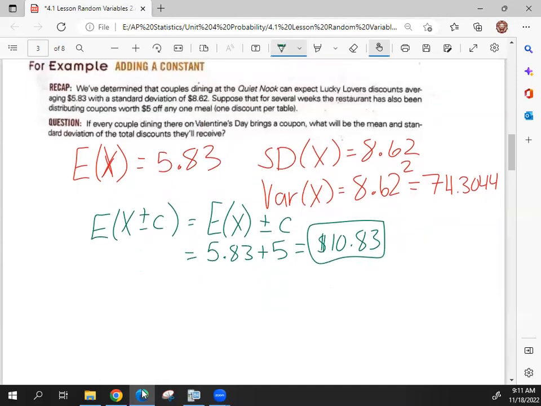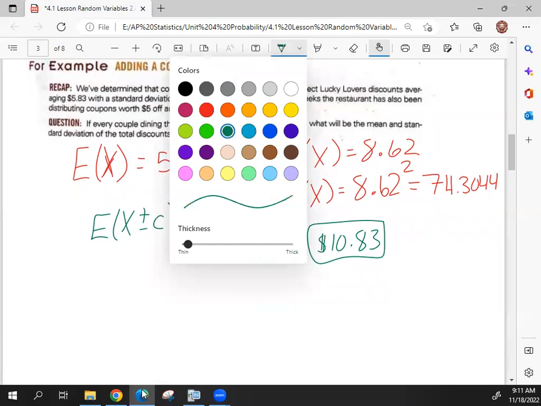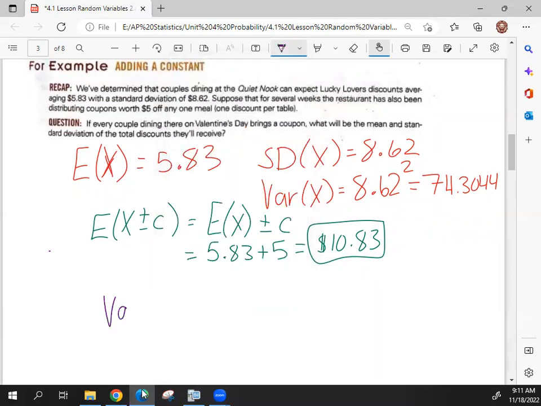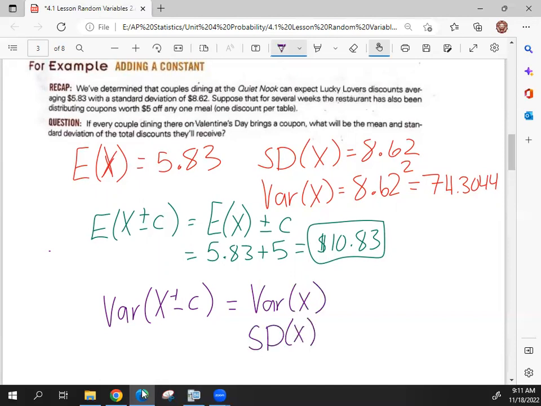We can calculate the standard deviation and the variance as well. And I think you'll like this calculation because when we add or subtract a constant to our random variable, the variance is just going to stay the same. And therefore, that means the standard deviation is going to stay the same.